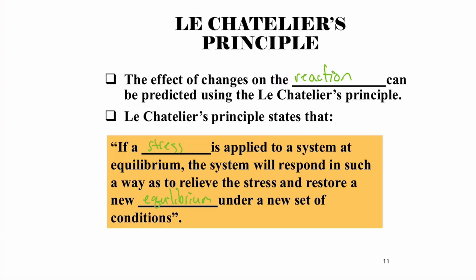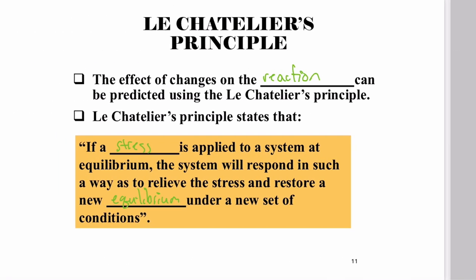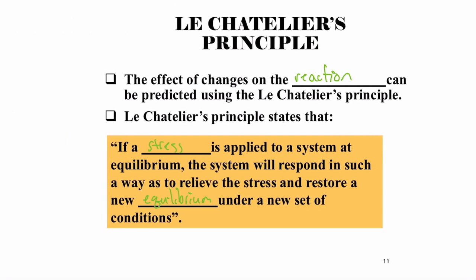And so we can stress the system in a number of ways. We'll talk about the different ways that we can stress the system. Give you guys a second to finish writing that. And once we stress the system, it's just going to respond in a way to make itself happy again, right? So like most things in nature, you disturb it, it's going to eventually relax to a state where, you know, things are not changing anymore.